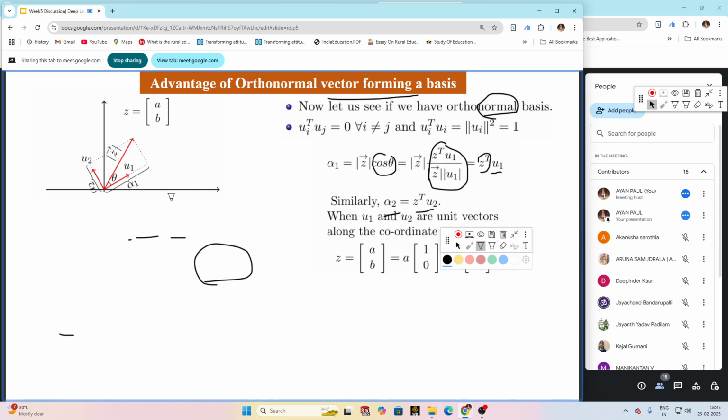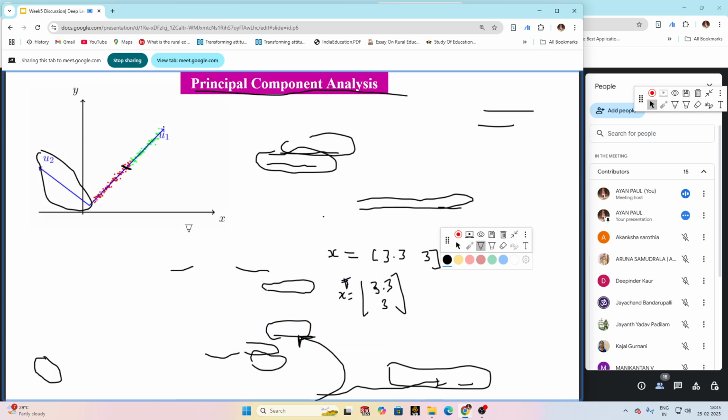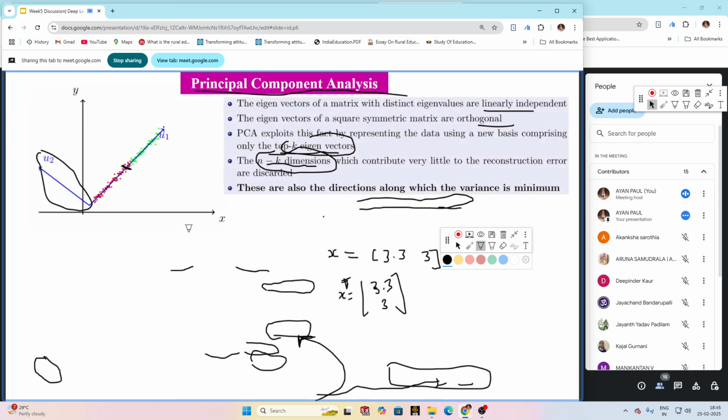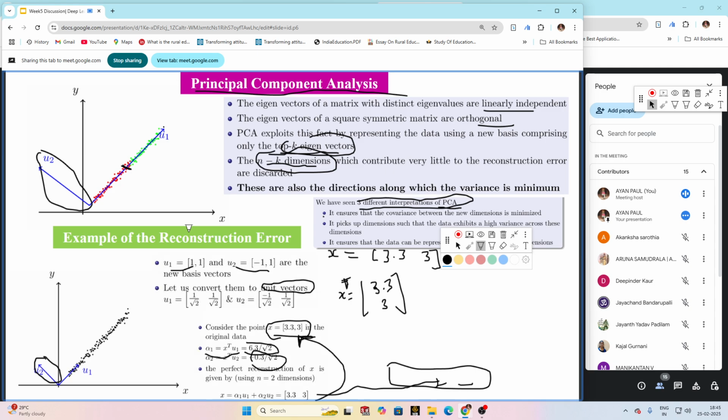And what we have seen is that eigenvectors are linearly independent and also orthogonal. So if we change our eigenvector to an orthonormal vector, just by dividing it by its magnitude, it will become orthonormal. It is already orthogonal, that is the characteristic of the eigenvector. But if we make it orthonormal, then we just need to multiply it with the transpose of the point, and we get alpha 1, alpha 2, etc.